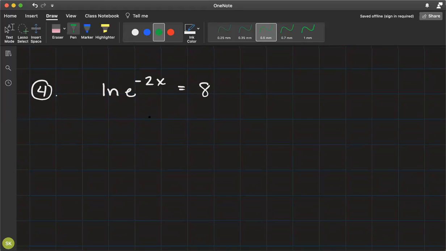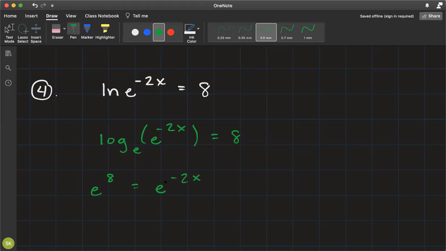Let's try this one. The natural log of e raised to the negative 2x is equal to 8. What I would do first is I would rewrite this ln as log base e of e to the negative 2x. I'm going to put this in parentheses here, is equal to 8. Now we're going to convert this to an exponential statement. So this says e to the power 8 is equal to e to the negative 2x.